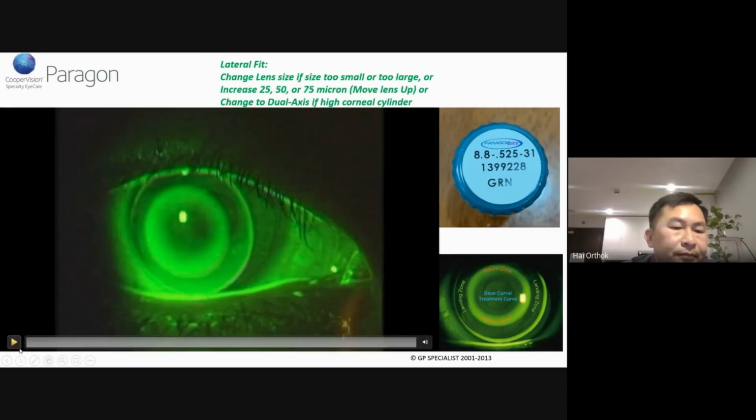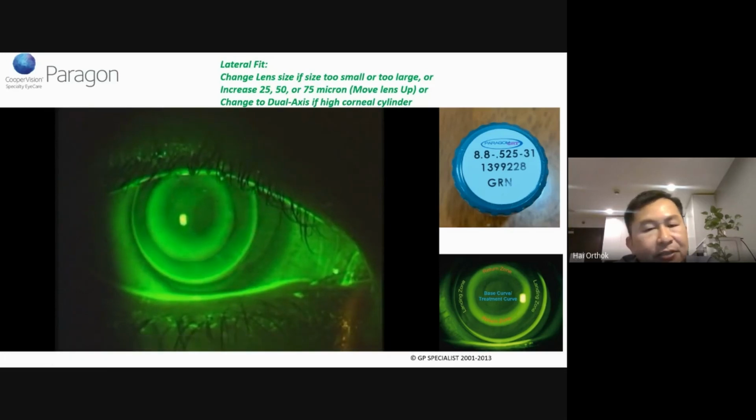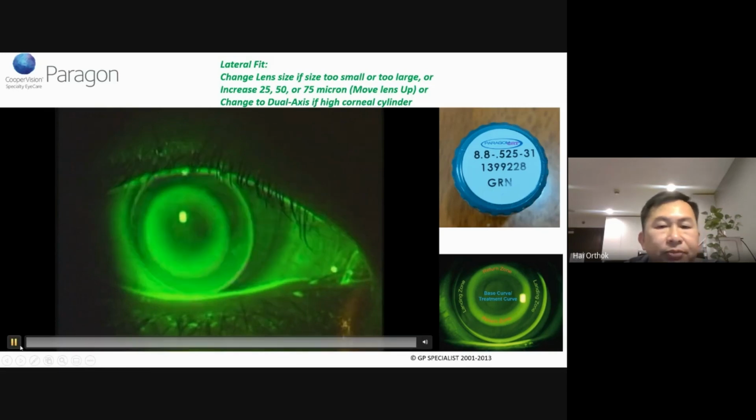And here, we see a lateral decentration like I explained to you before. With the IC lens, you have to find the cause of the lateral decentration. It might be the size, it might be the lens is too flat or too steep, it might be the wrong toricity on the lens. So in this case, we see definitely the lens is too small.